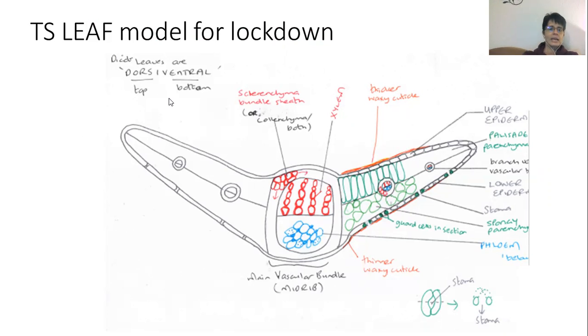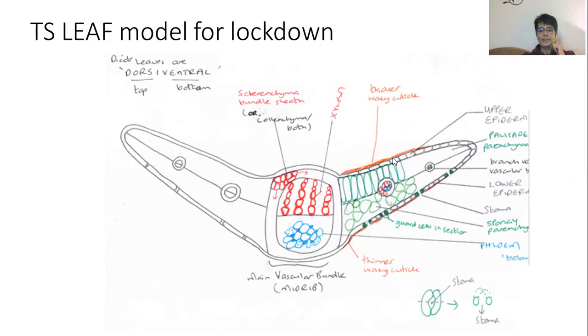Not much difference. But dicot leaves are dorsiventral. You can recognize the top part and the bottom part. Remember, every time I used that model, I said, put it the right way around, because they're dorsiventral.